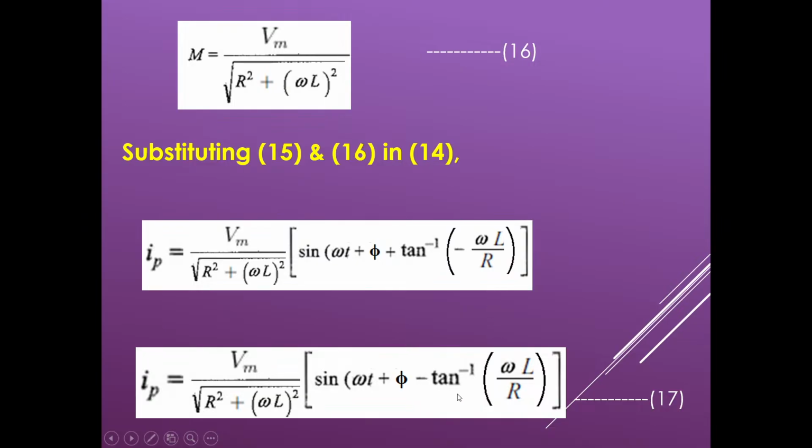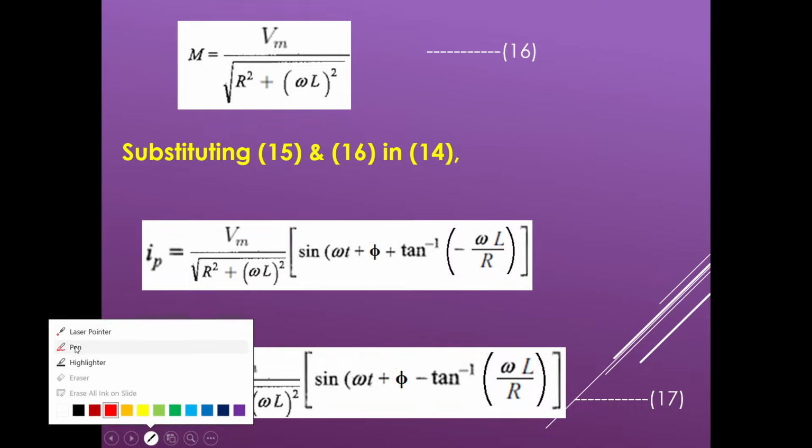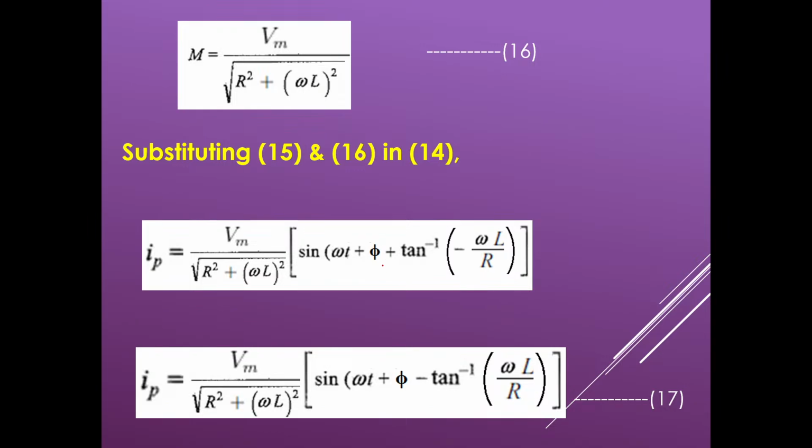That's what I have written in the next equation. So this term is modified and you will get this. This is our equation number 17. This mathematical simplification is easy. If you are carefully listening to this session, you will be able to follow.